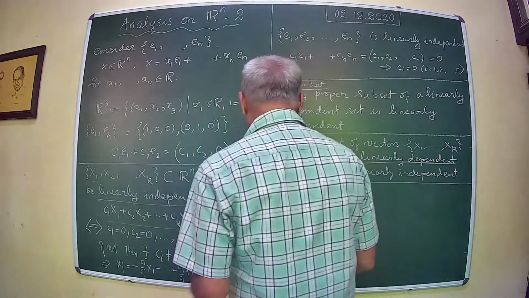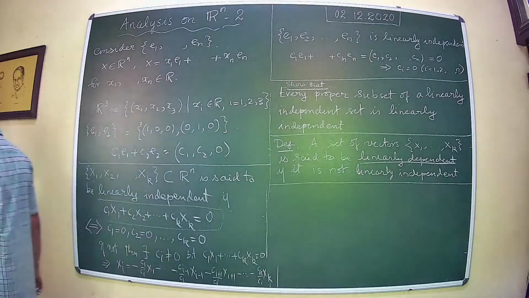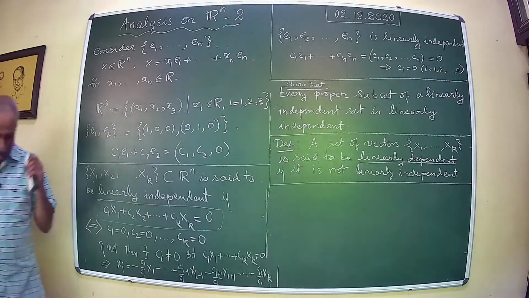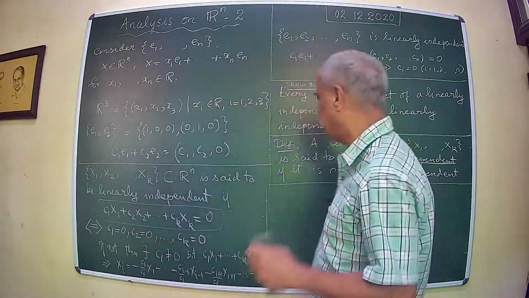So what you call a basis is an optimal spanning set, in the sense that it is also linearly independent.